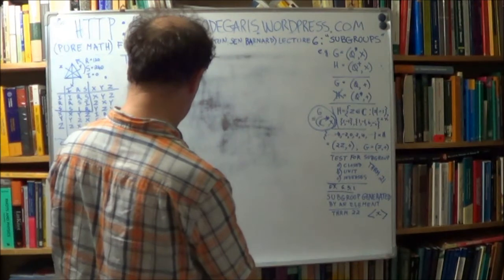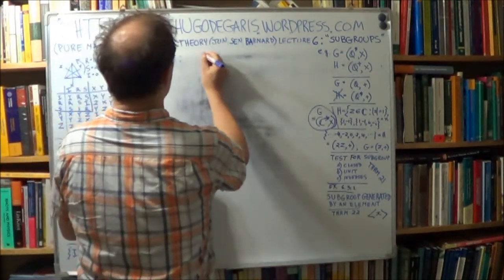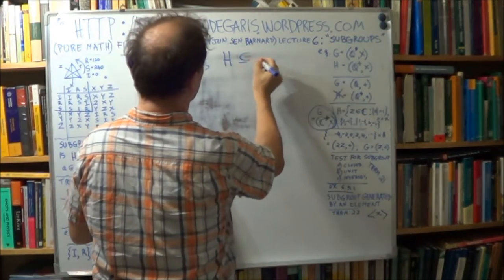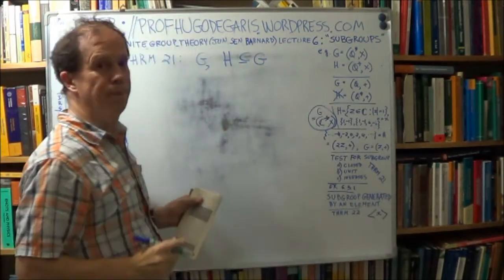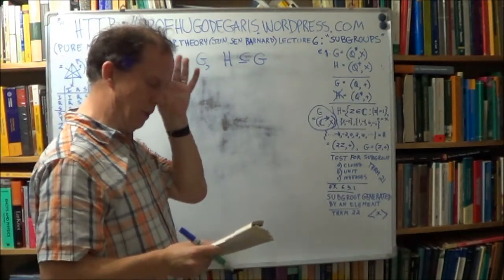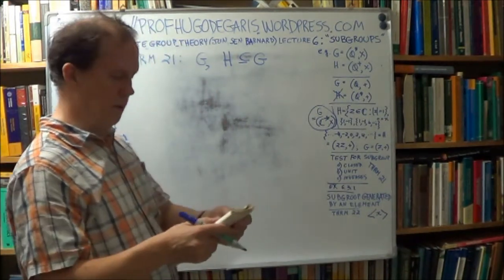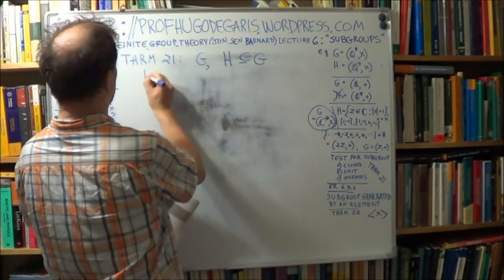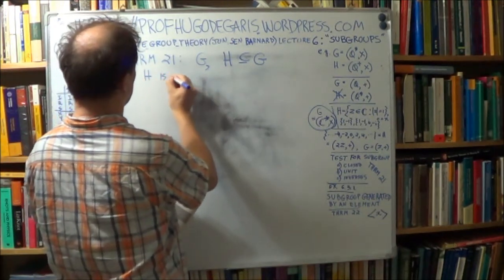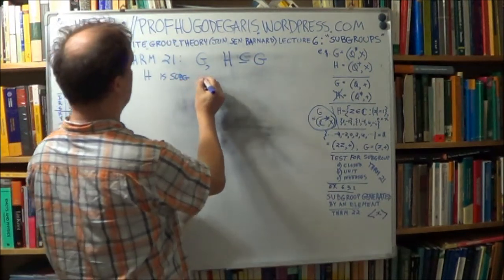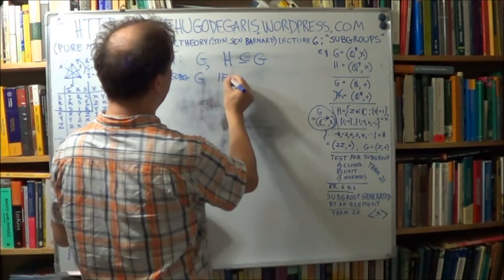So you have a group G, and you have a subset H. So H is a subset of G. Then H is a subgroup of G if and only if.